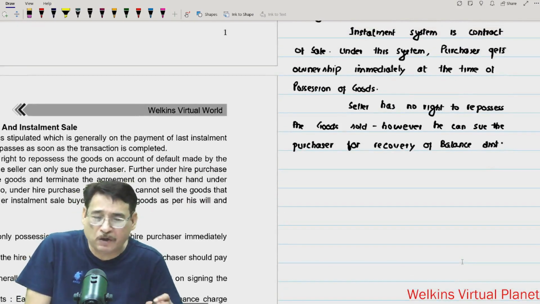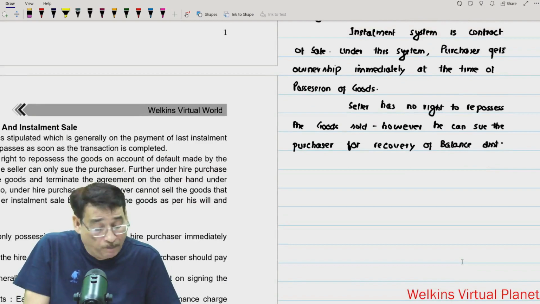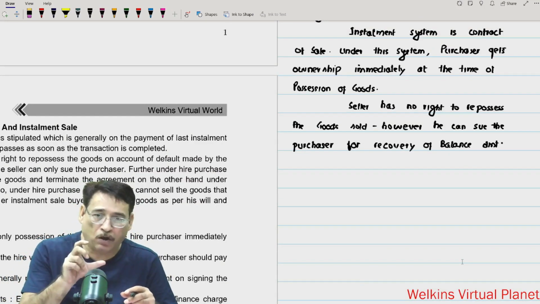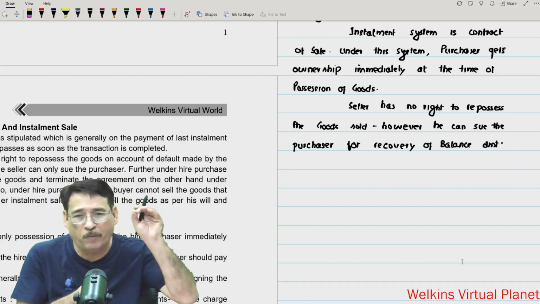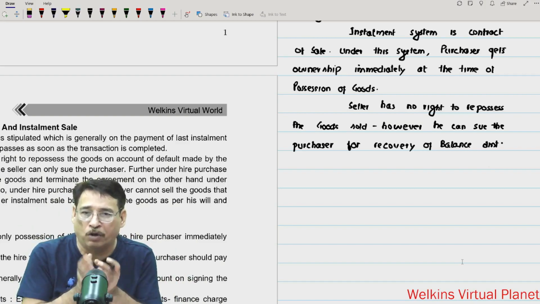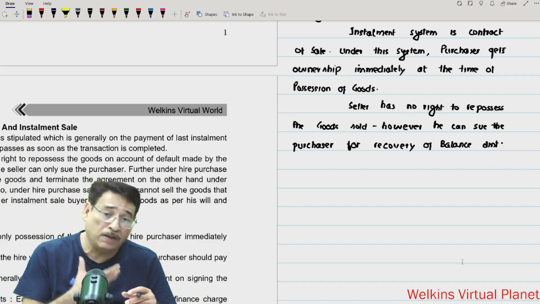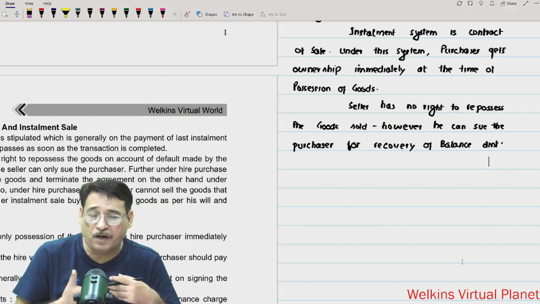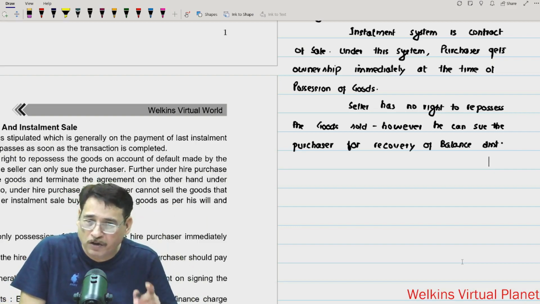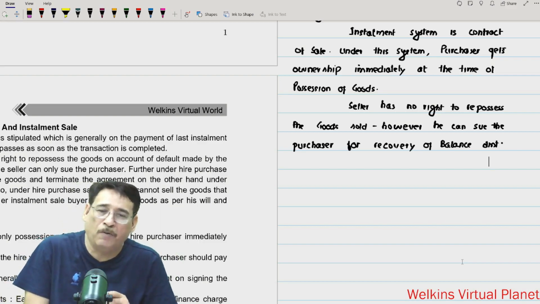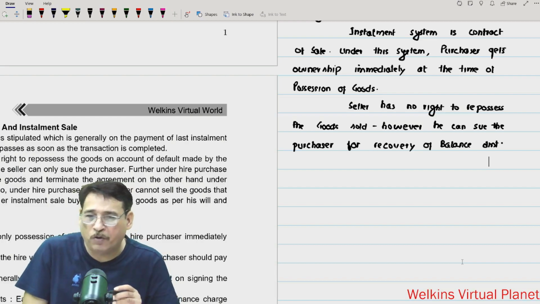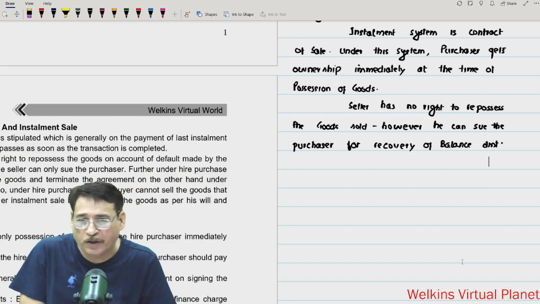Further, under installment system, once I have become the owner of the goods, because I am talking about the installment system, I will pay the initial deposit, take the possession, and now I am the owner of the goods. Correct? So because now I am the owner of the goods, I have the right to even sell the goods to somebody else, which is not the case in hire purchase system. I have already told you under hire purchase system, the purchaser cannot become the owner of the goods until he pays the last installment. Correct?